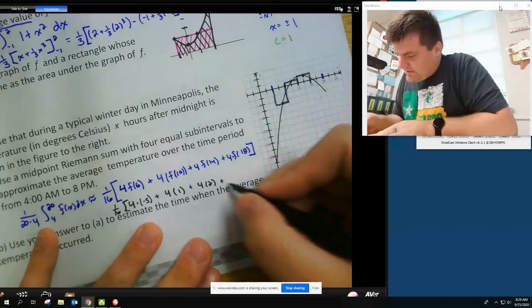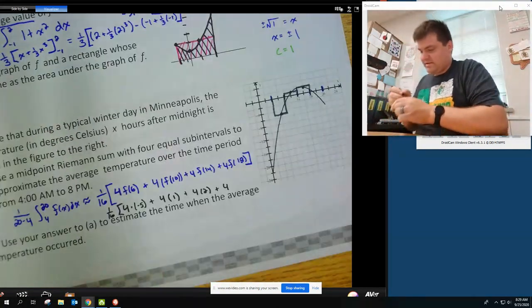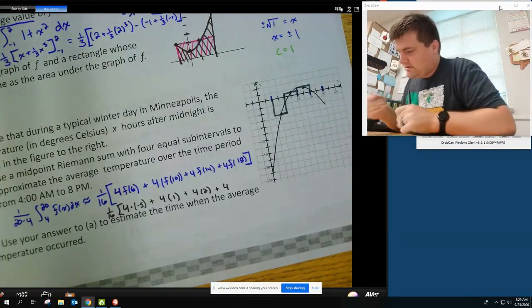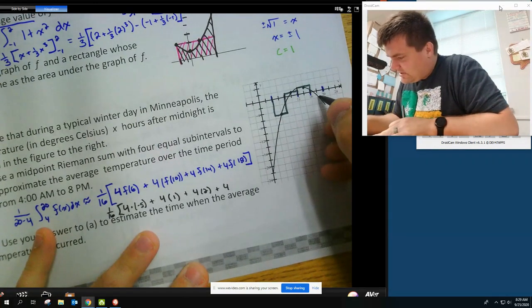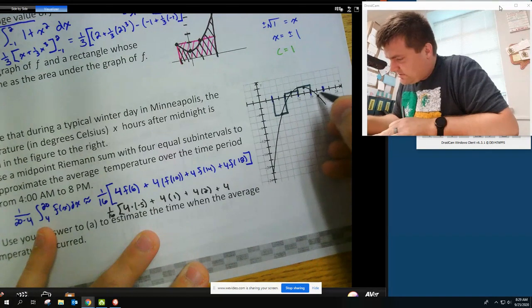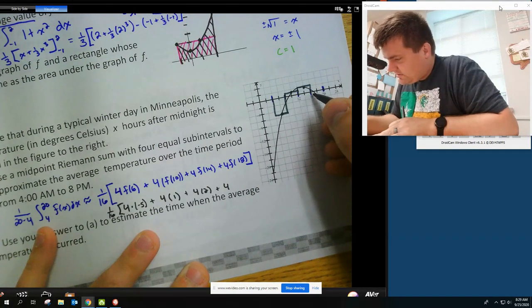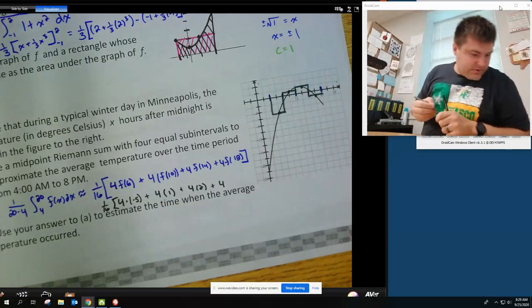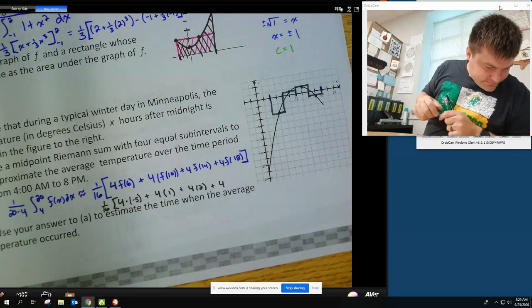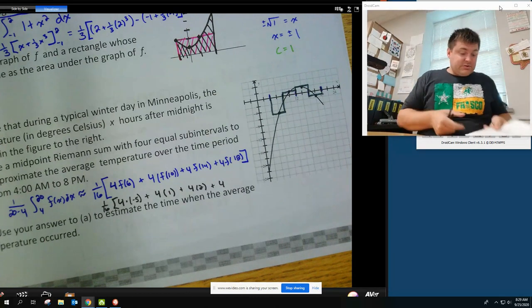Plus 4 times, now let's look at 18. 18 is going to be about right here. What number did I use in my notes here? I can't tell, my notes are so faded.